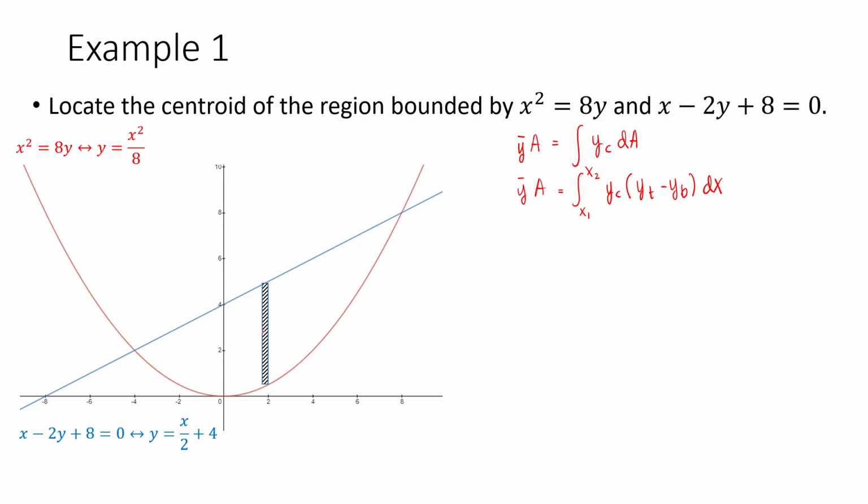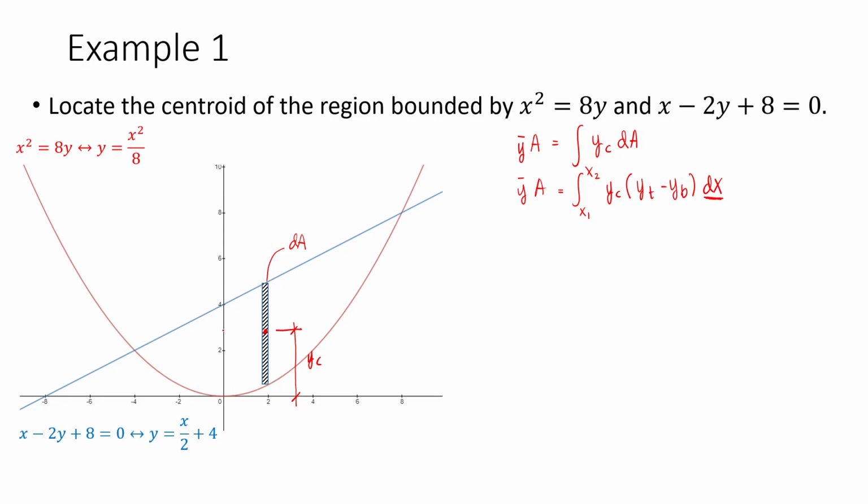Again, the same concept as your x sub c. Since this one is your differential area, and let's say this is the centroid, we're going to determine this y sub c distance. Now take note that our integral on the right side is with respect to x.